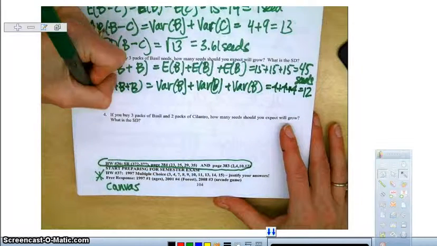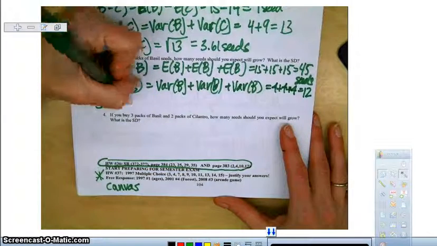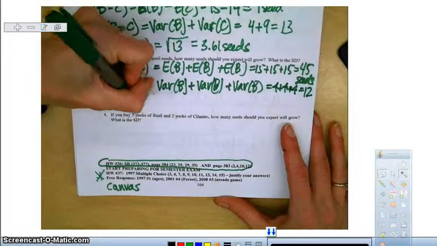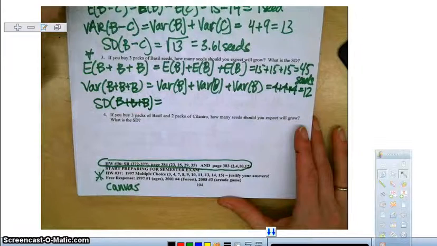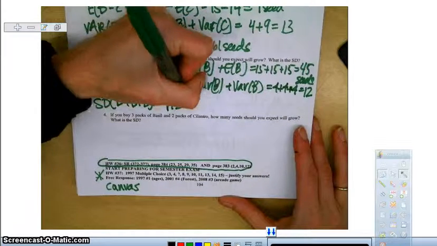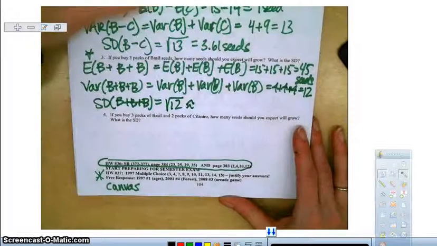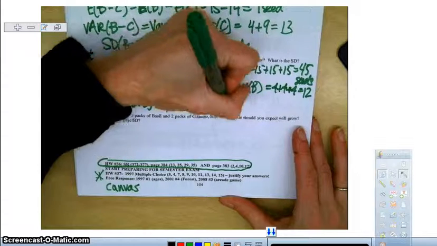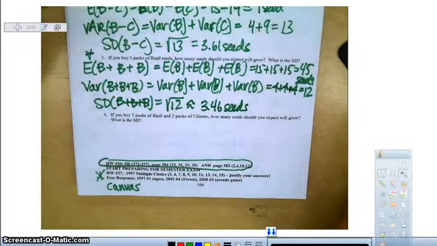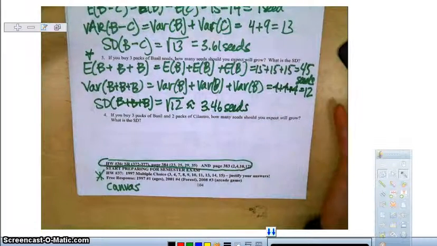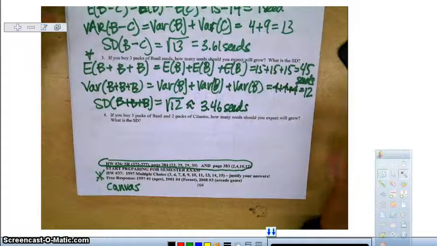And so what's the standard deviation of basil plus basil plus basil? What do you do with the 12? Square root it. And so that would be equal to 3.46 seeds. So if I planted 3 packs of basil seeds, I would expect 45 to grow, give or take 3.5 seeds approximately.